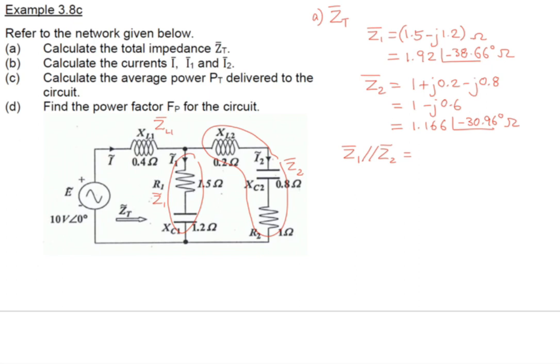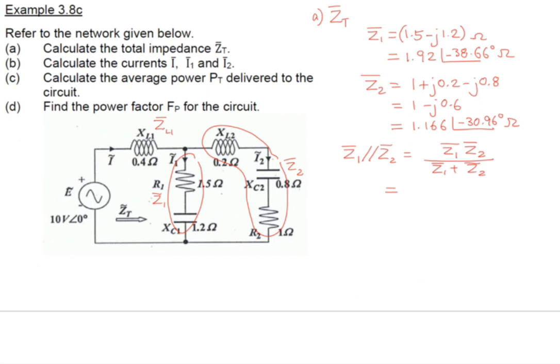So writing out the formula will be Z1 multiplied by Z2 divided by Z1 plus Z2. This is a version of the impedance in parallel rule, so I can put them in.